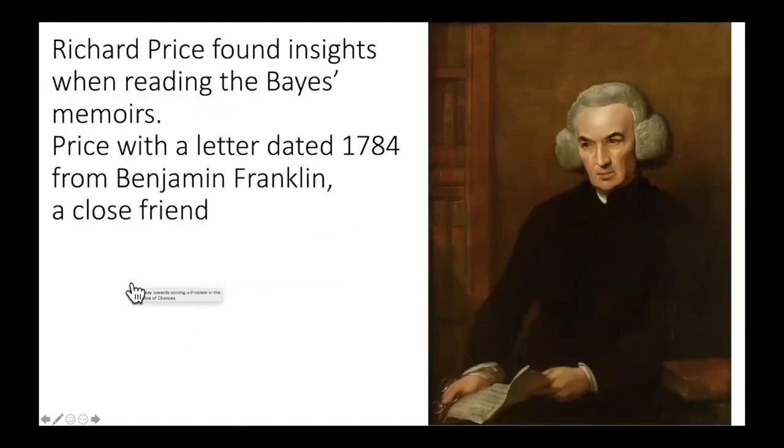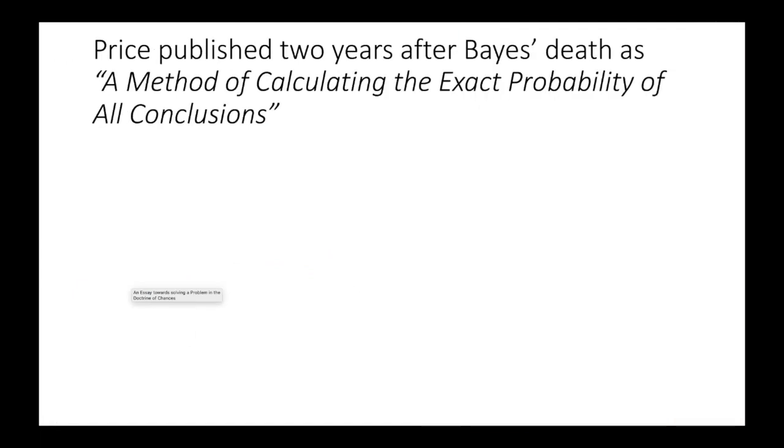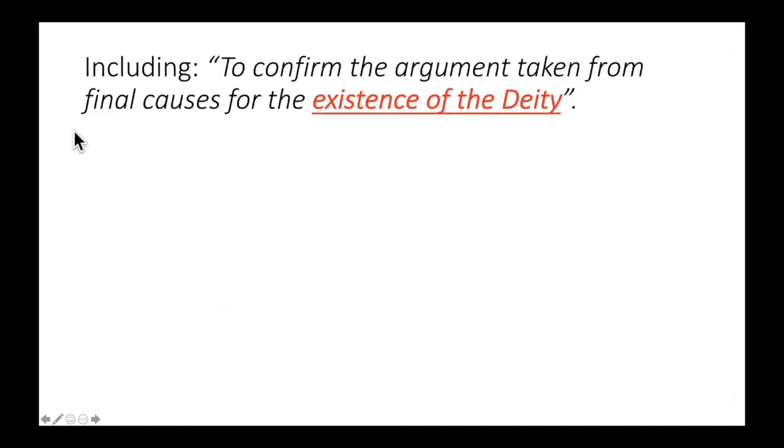Who was Price? He was a buddy of Benjamin Franklin. Interesting. And so he published then, and he renamed Bayes' essay a method of calculating the exact probability of all conclusions. And by all conclusions, he meant all. He tried to use this way of thinking to argue for the existence of God.